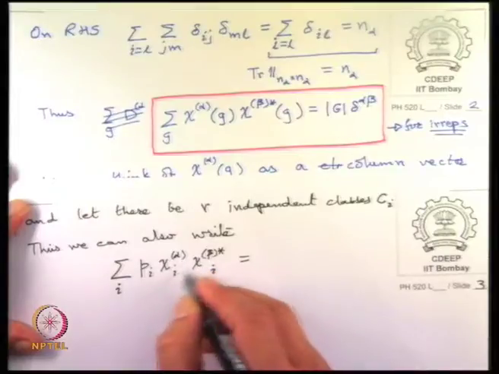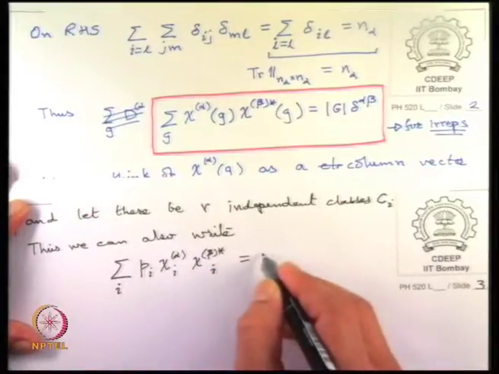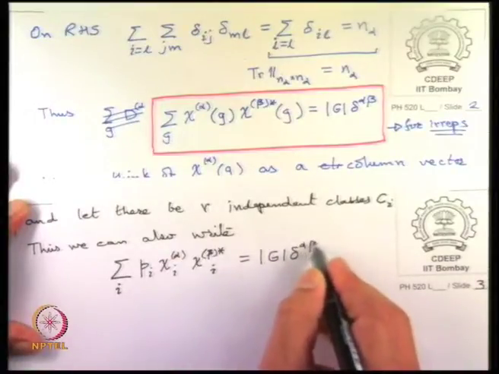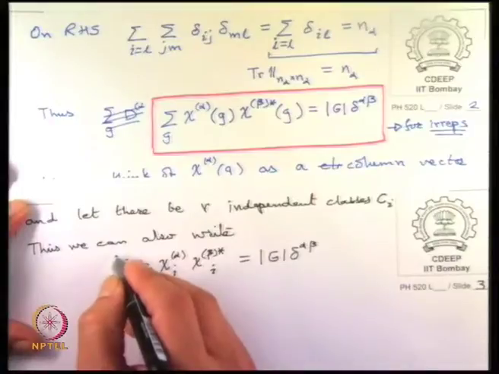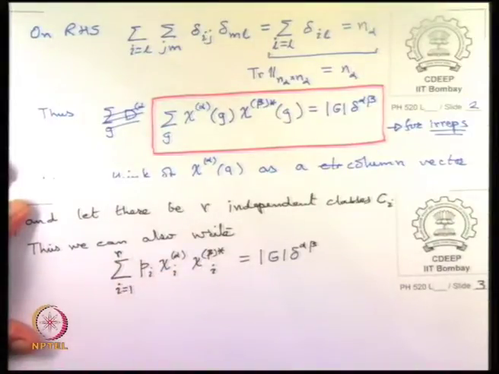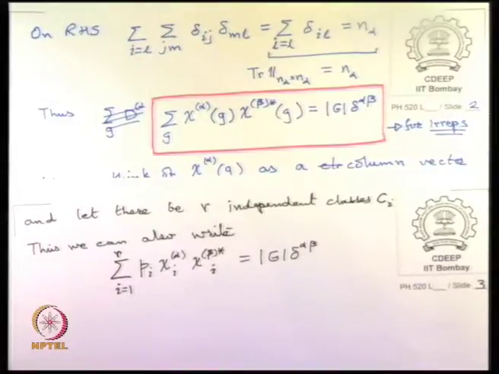So now this summation is over i, going up to R. Mod G only means the order of G. This again is like an inner product, but with some weightage factor.